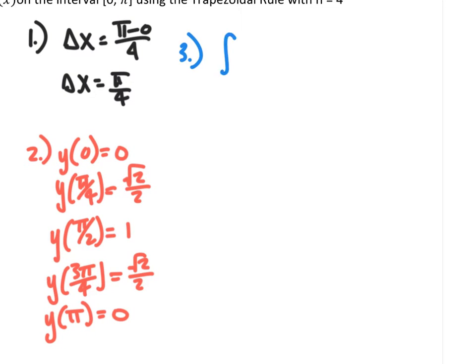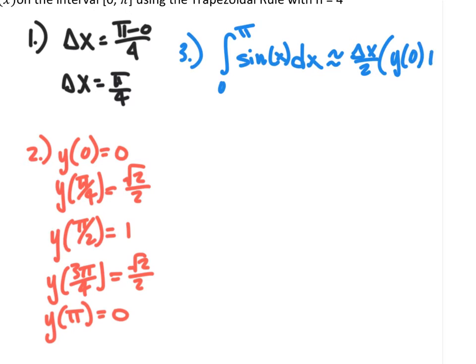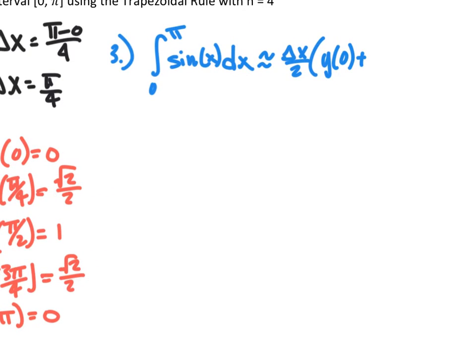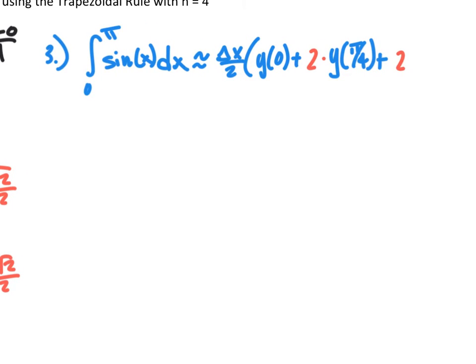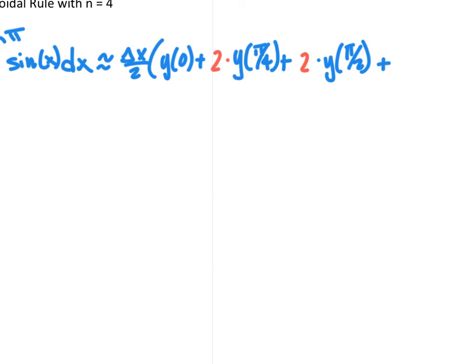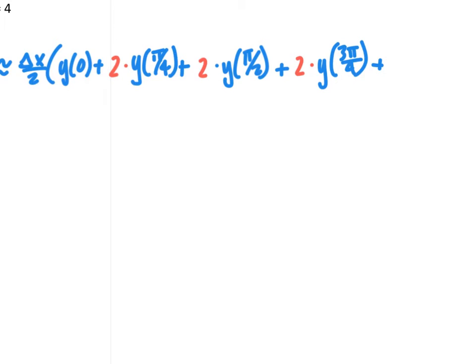I know that the integral from 0 to pi of sine of x dx is approximately delta x over 2 times y of 0, plus 2 times y of pi over 4, plus 2 times y of pi over 2, and then plus 2 times y of 3 pi over 4, and then plus just a single y of pi.